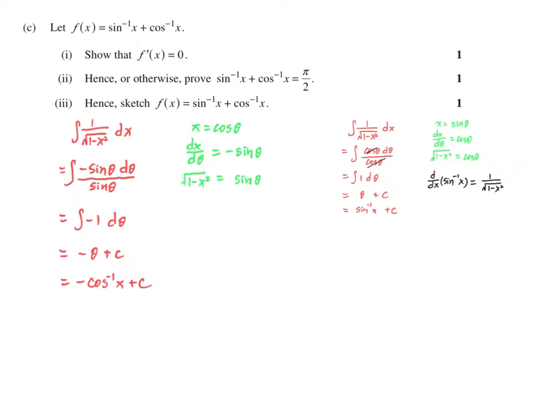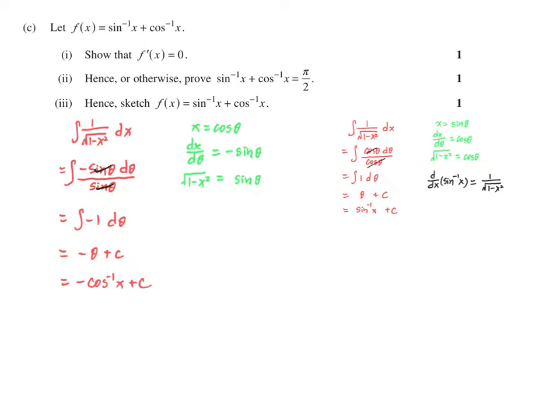Take the square root, it gives you sine theta. Substitution: dx equals minus sine theta d theta, and the root 1 minus x squared is sine theta. The sine theta and sine theta we cancel out.